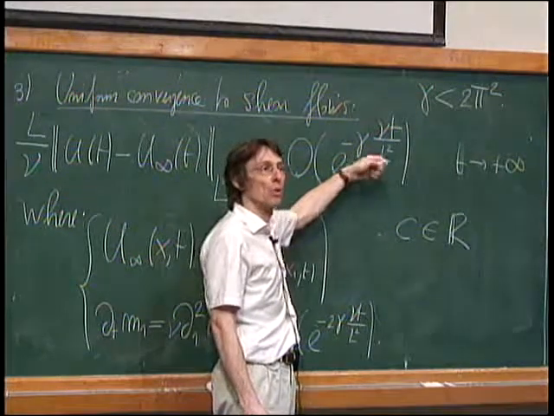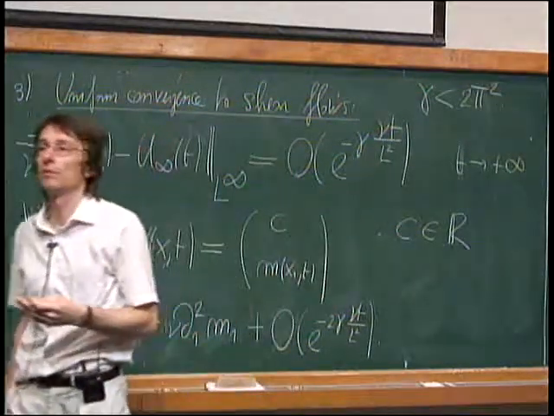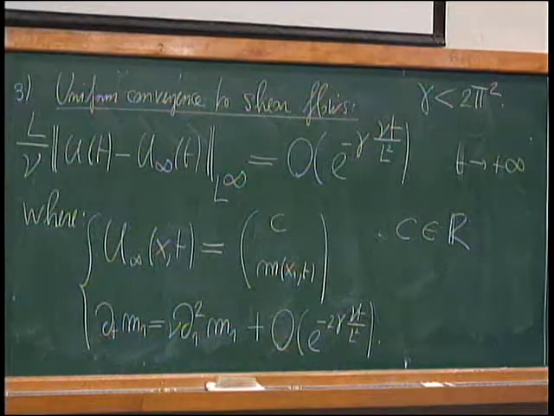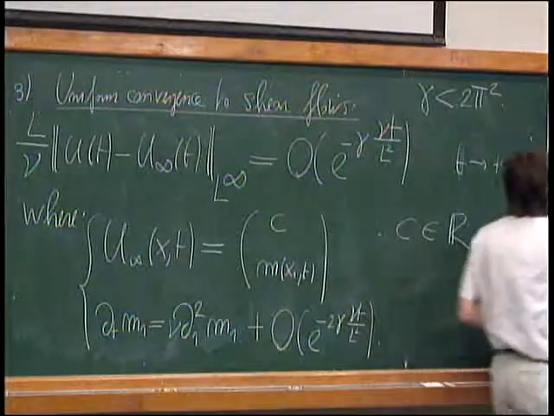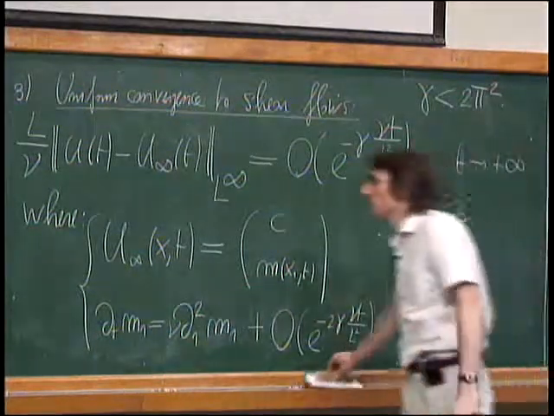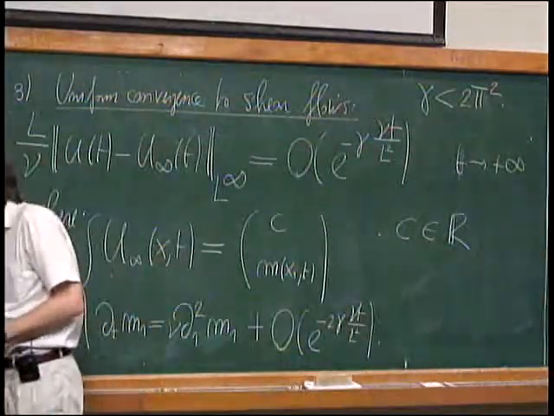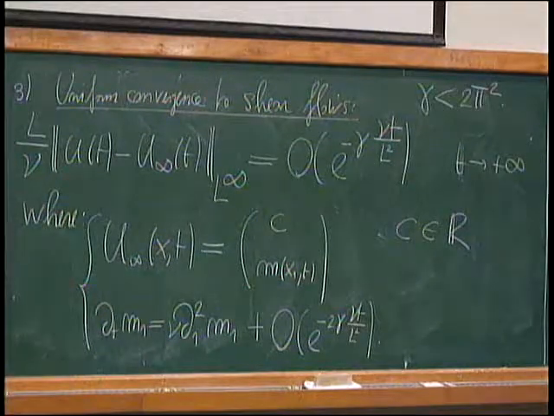So this shear flow describes the long-time behavior of all solutions of my Navier-Stokes equation in this infinite strip. Okay? I don't want to erase that. So I will now make some comments about this statement.